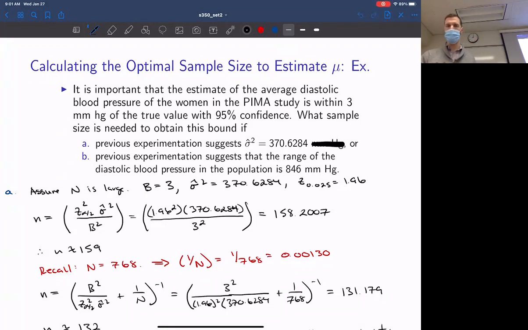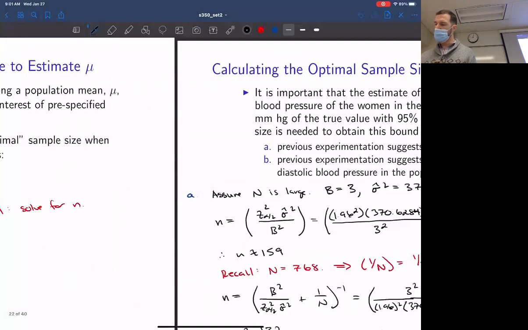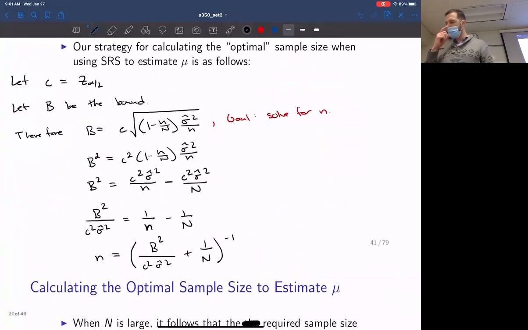Okay, so last class, we left off talking about sample size calculations within the context of SRS. We derived a formula to compute the sample size for an SRS based off of the bound that we would like to have on the confidence interval.